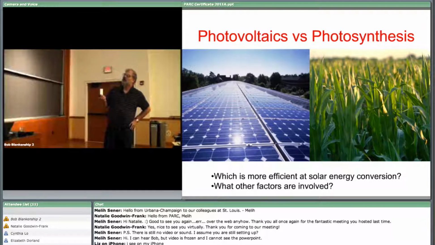This is one of the reasons why photovoltaic cells are more efficient, and that is that they utilize a significantly larger amount of the solar spectrum. This is now transmission. So a plant will basically use this light from 400 to 700, as I mentioned before. Once you get to 700, it quits absorbing, and so it transmits.